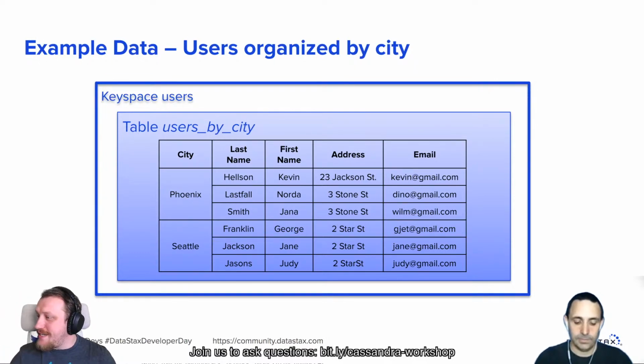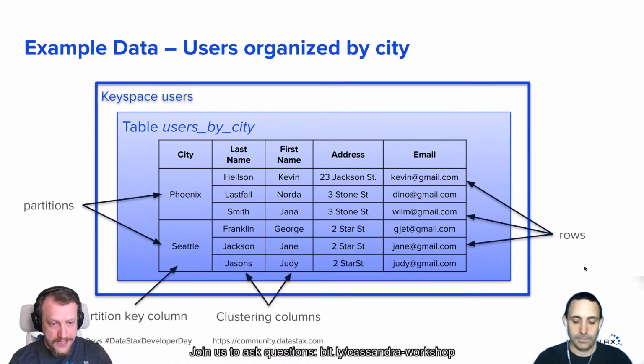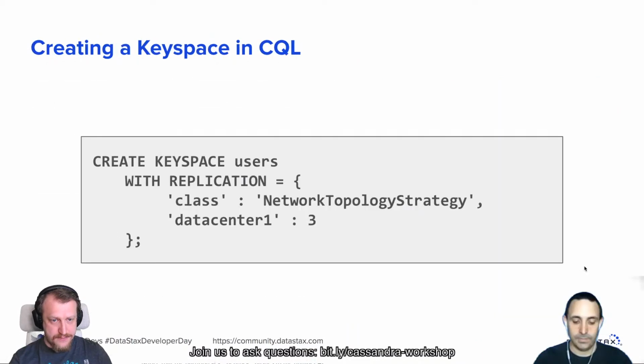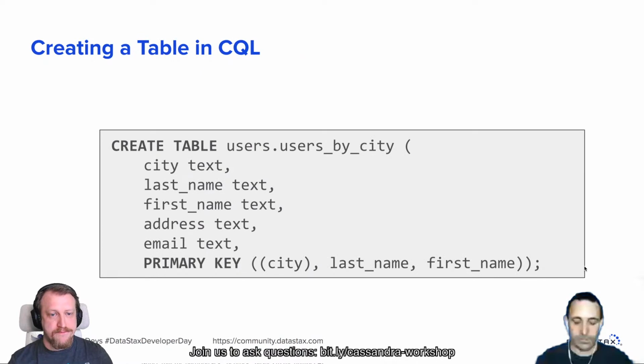Good, and I already see some nice suggestions on how to solve it. That was my second question, how we could solve it. To specify how we could solve it, we can go to the next slide. In this case, we have a create table statement, users by city, specifying city text, last name, first name, address, email.